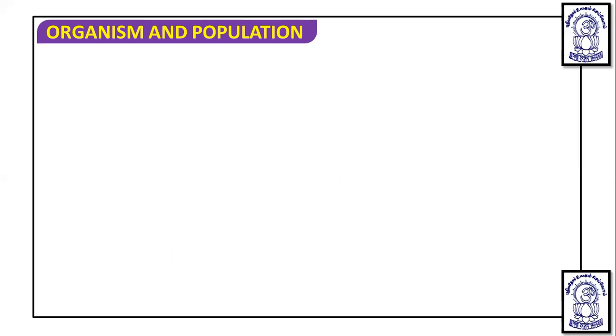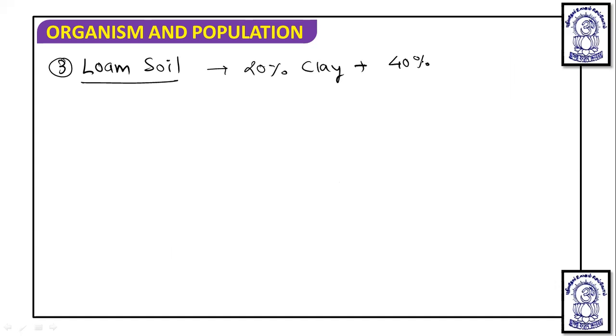After clay soil, the third type of soil texture is loam soil. Loam soil has 20% clay plus 40% sand plus 40% silt. So here sand and silt are in equal proportion.